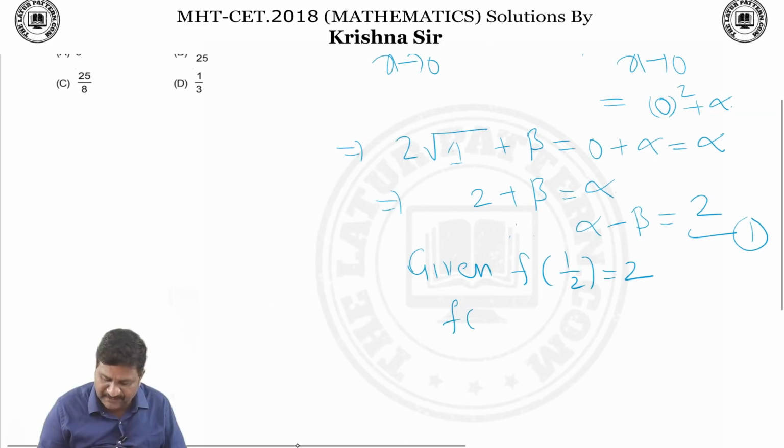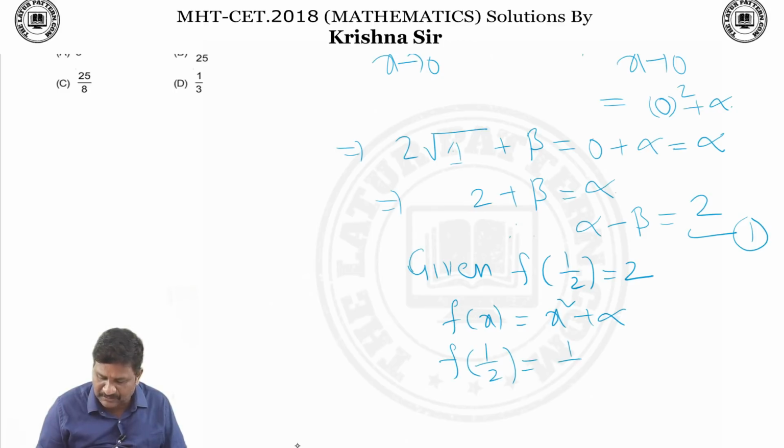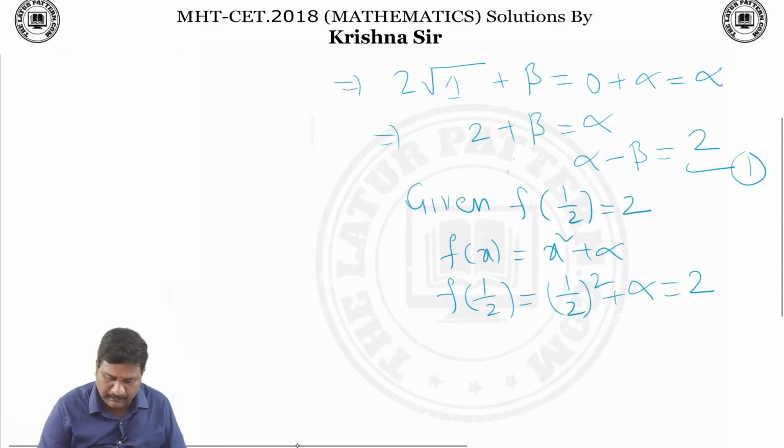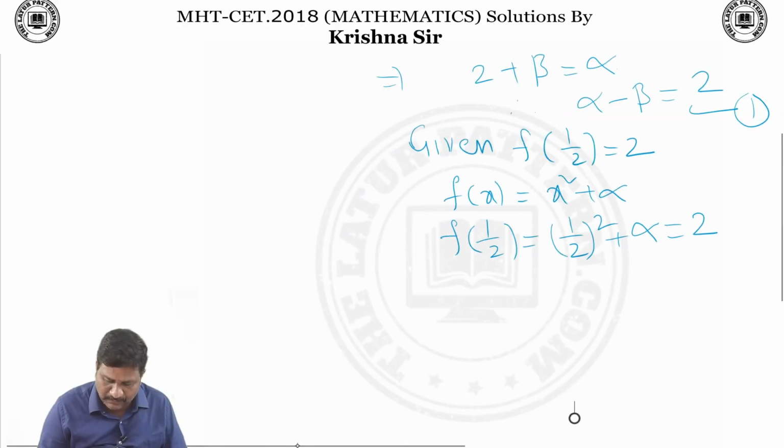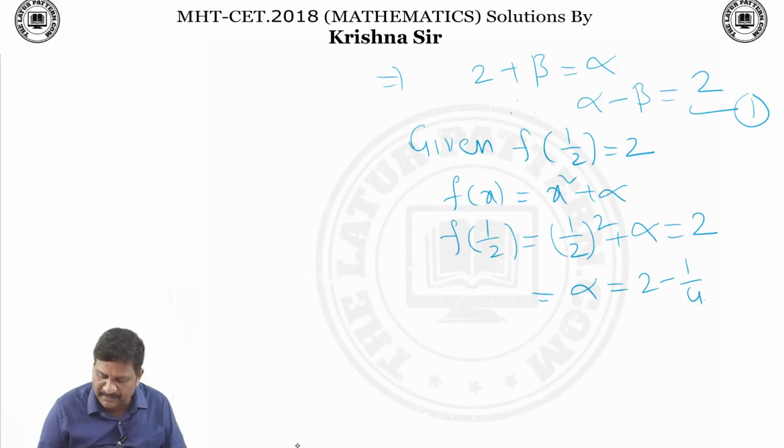So f of x is equal to x square plus alpha, and in place of x you substitute 1 by 2, then 1 by 2 whole square plus alpha is equal to 2. Now 1 by 4, you take that side, 2 minus 1 by 4, then alpha is equal to 4 into 2, 8 minus 1, 7 upon 4.